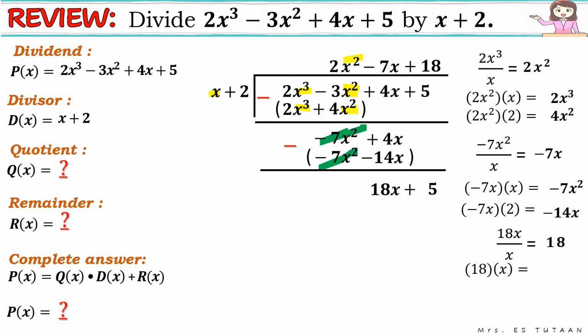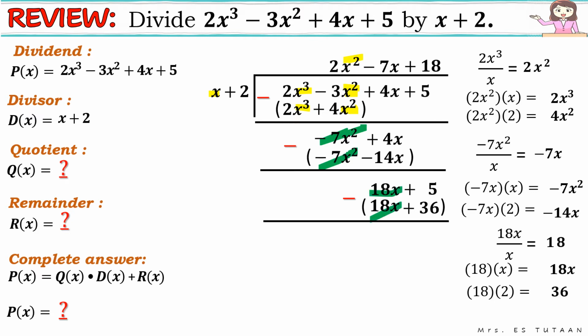So, yan ay positive 18 and then positive 18 times x, that will give us 18x. Sulat natin dyan sa tapat. And then we have 18 times 2, that will give us 36. Susulat ulit natin sa tapat ng constant term. And then, ganun ulit. So, we will do subtraction. And that will give us, ito ay magiging 0 na yan. So, wala na tayong gagawin dyan.